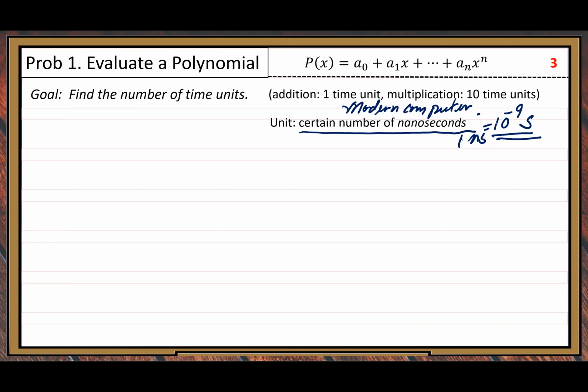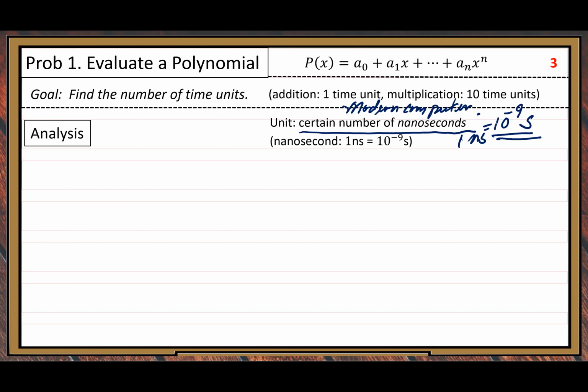But for the nanosecond, sometimes people also use the notation of the Greek letter mu s. Another notation for nanosecond.